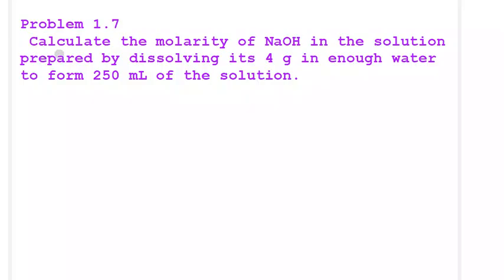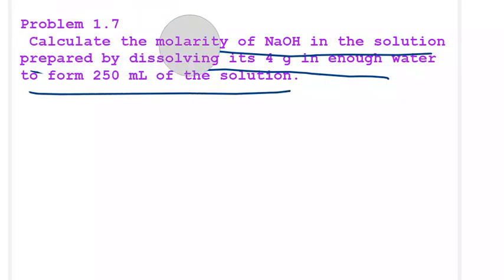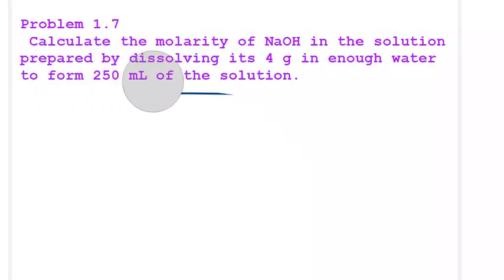Next question. Calculate the molarity of NaOH in solution prepared by dissolving 4 gram in enough water to form 250 ml of the solution. What is the molarity? Molarity is the number of moles of the solute present in 1 liter of the solution. Here mass of the solute is equal to 4 gram.